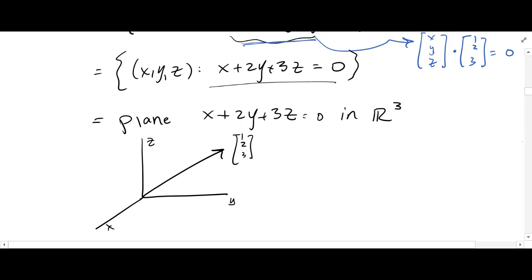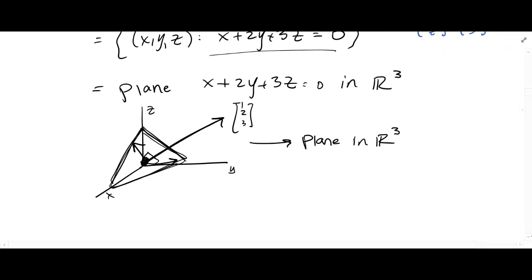Then the plane will be, I don't know, it's kind of hard to draw, something like this. All vectors perpendicular to this one. So you've got that vector, and this vector. It's a beautiful picture. That's a plane in R3.